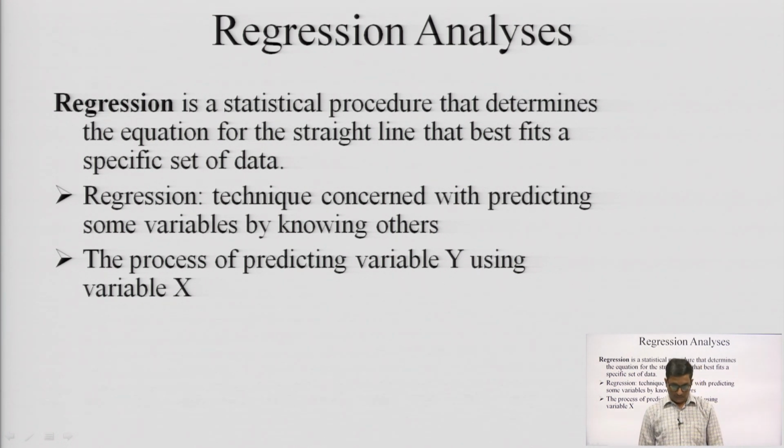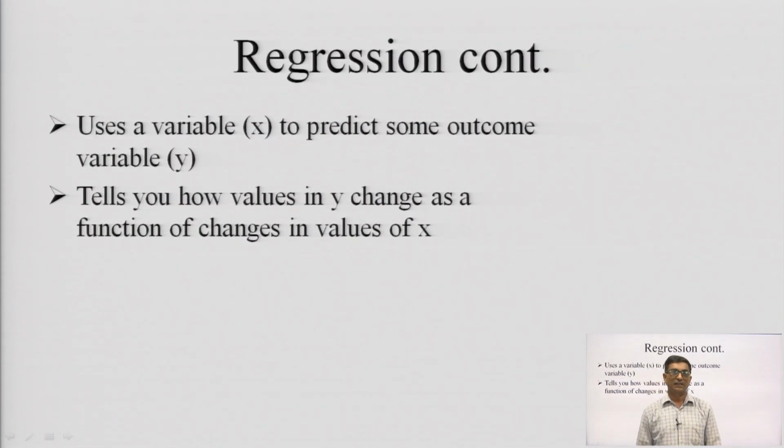The variable which we want to predict, that is y, is called the dependent variable, and the known variable, which is x, is known as the independent variable. So, with the help of regression we can predict the value of the unknown variable with the help of the known variable.